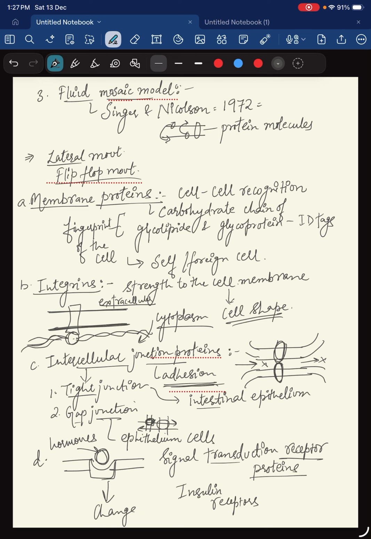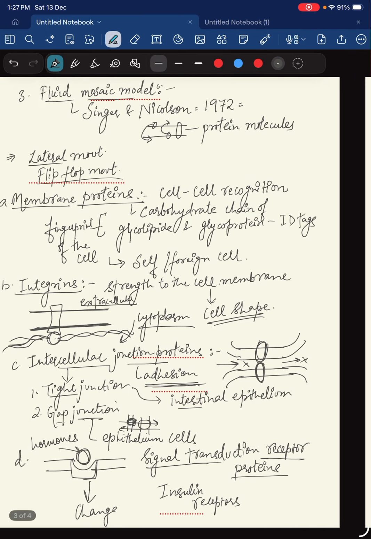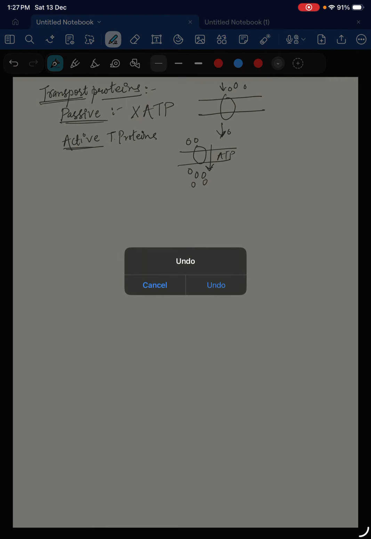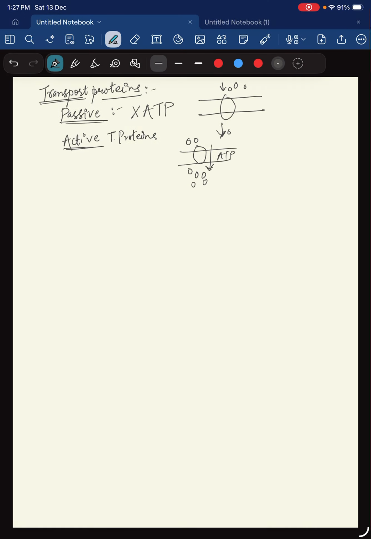Then we have seen signal transduction receptor proteins, where a receptor is needed for signal transduction inside the cell. Lastly, we read about transport proteins, which are either active or passive transport proteins, where ATP is needed or not. So till now we have covered the plasma membrane, out of which questions will be introduced in your competitive exams. Next we will learn about one new cell organelle.